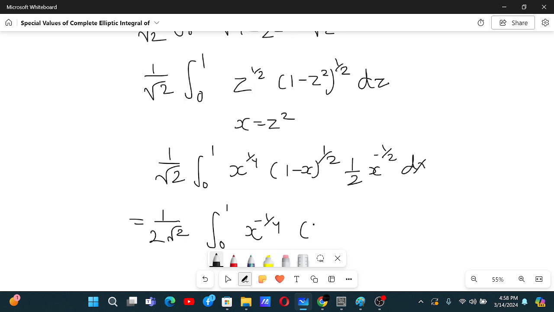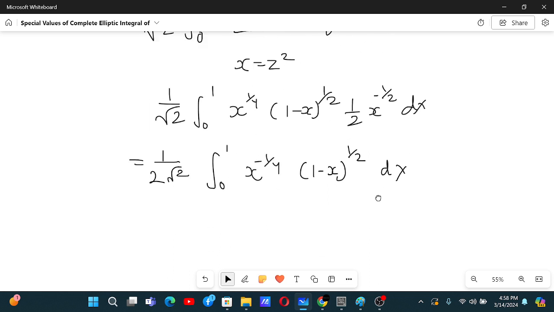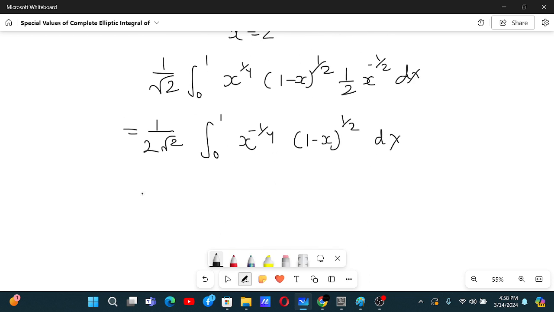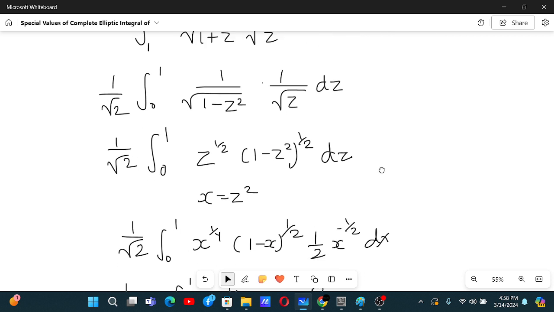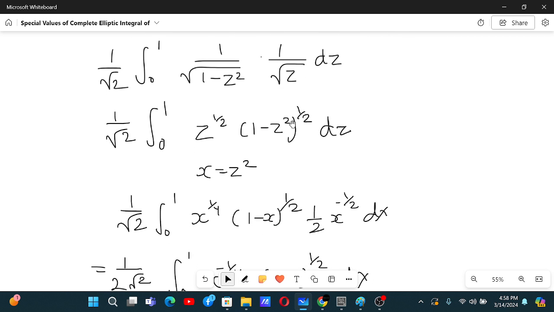And 1 minus x to the power minus 1 by 2 and dx. After this we can find this in terms of beta function. 1 by 2 root 2, this is beta of 3 by 4 comma, is this 3 by 2? I wasn't expecting this. This is minus 1 by 2 actually.